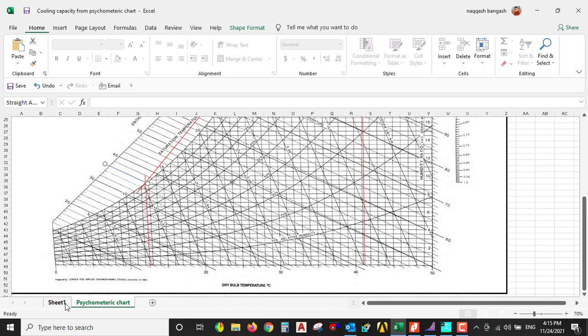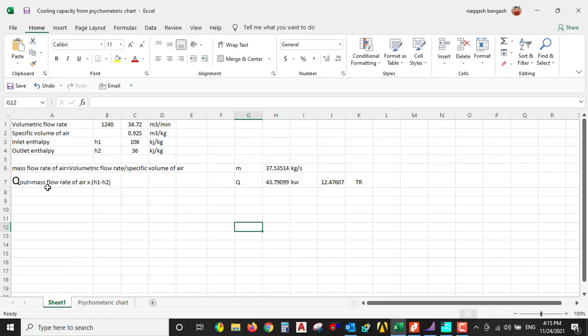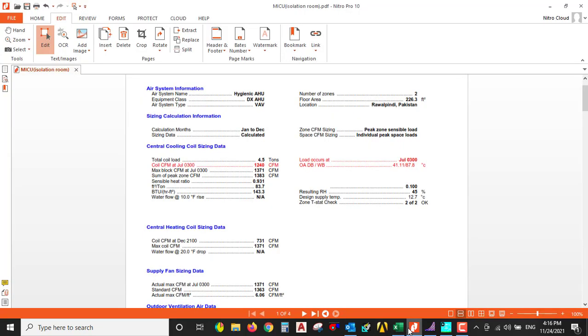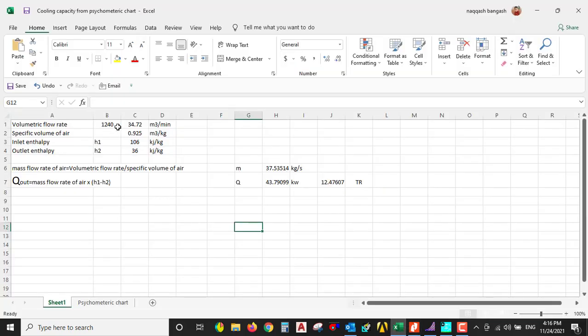Before starting, we have this equation to calculate the cooling capacity, cooling load or coil load. In this we will require a volumetric flow rate, which is known, we have 1240 CFM, which will be converted to meter cube per minute.